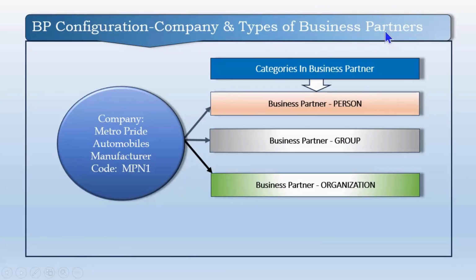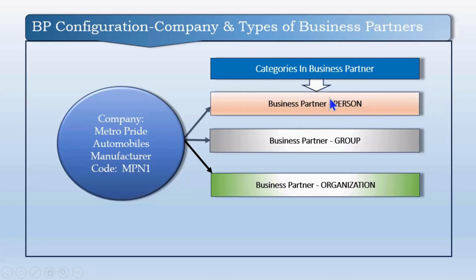Company and types of business partners. Users, take a look at this picture. On the left-hand side, let us assume this is our company, Metro Pride Automobiles Manufacturer, company code MPN1 in the SAP S4HANA system. On the right-hand side, you have categories in business partner. So what are the categories?